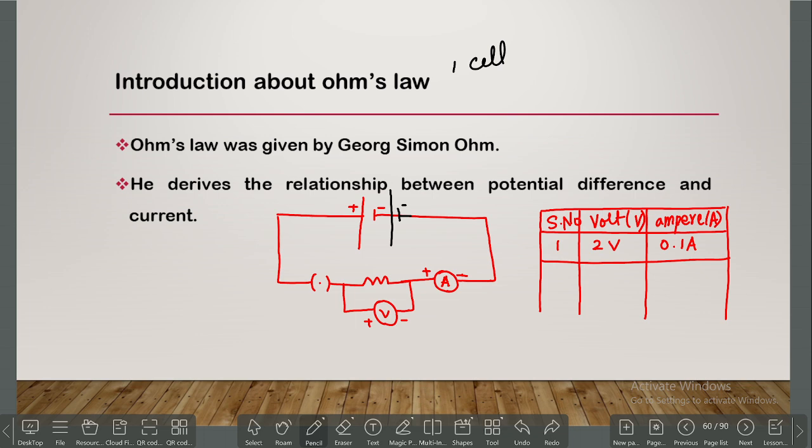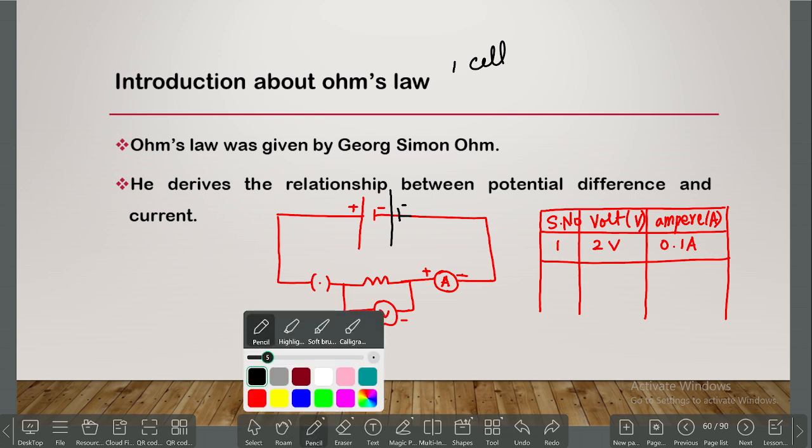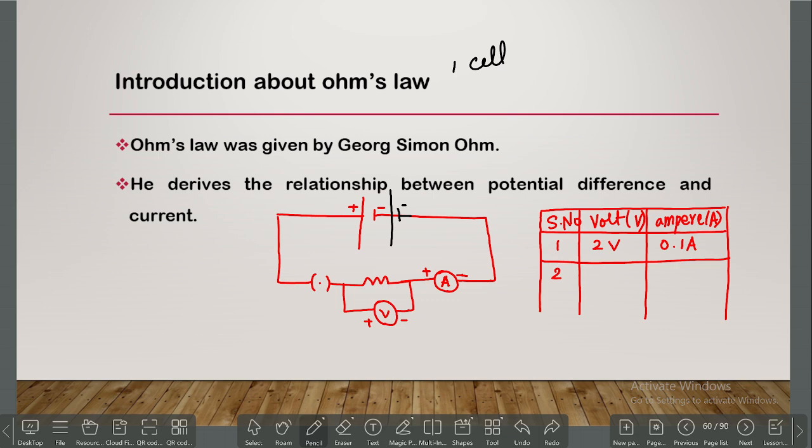By the time of the second observation, he notes that the potential difference created across the ends of the conductor has changed. From what to what value? From 2 to 4. That means once the battery has been added, the potential difference has increased. Simultaneously, the amount of current passing through the conductor also has increased.